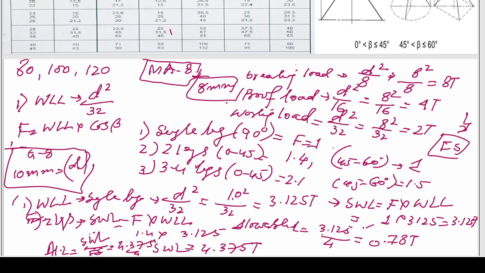This will give you 1.093 ton. So ultimately with 2 legs you can lift 1.09 ton. For a single leg, 0.78 ton is allowed, though the safe working load is somewhat different.